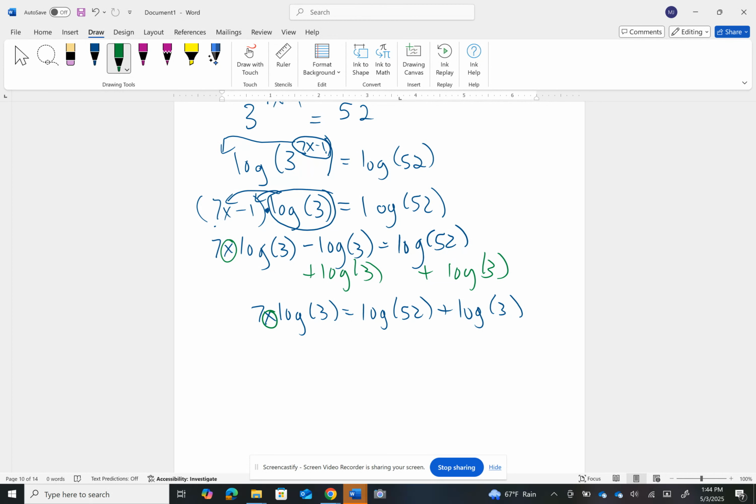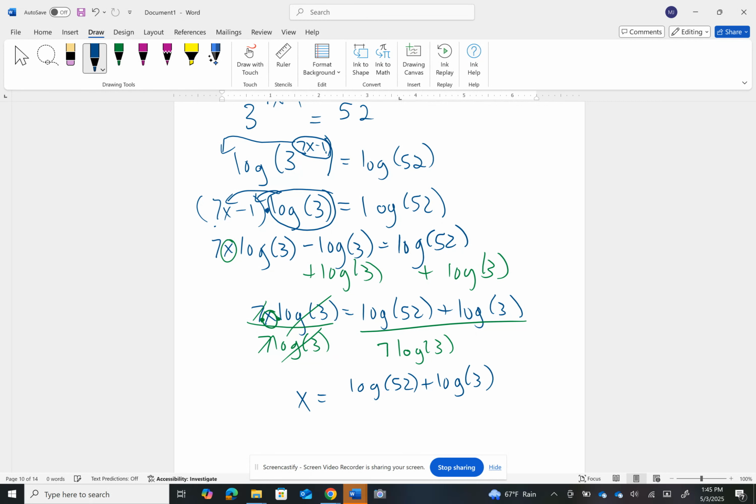We need the x by itself, and there's multiplication between those things. So we can divide by 7 log of 3 on both sides. 7 times the log of 3 on both sides would knock the 7 and the log 3 out. And we wind up with x equaling that messy looking expression. All of that. Okay, so if you were needing an exact answer, that would be it.